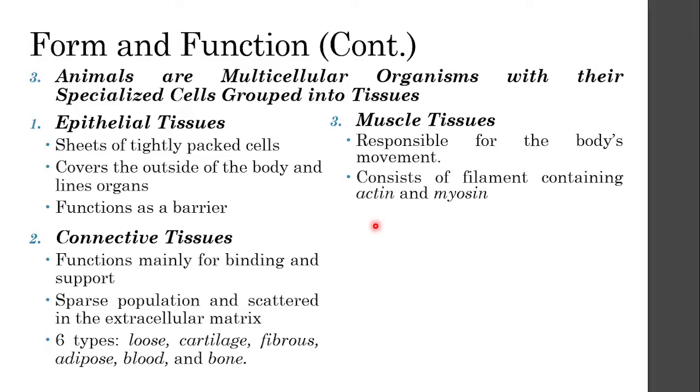All of our muscle tissues actually consist of filaments containing proteins called actin and myosin. And there are three types of muscle tissues: skeletal, cardiac, and smooth.